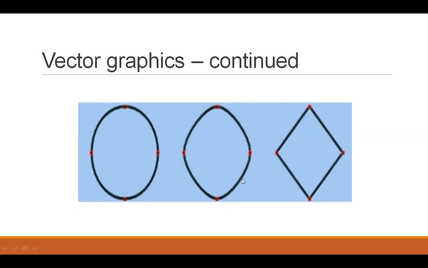Consider this diagram. As you can see, these shapes can be represented in terms of geometrical components. We need to just store the XY coordinates of the points, and we can join the points and the shapes will be created. We can also store the angles of the lines and the ratio of the radius, and we can make the geometrical shapes back.